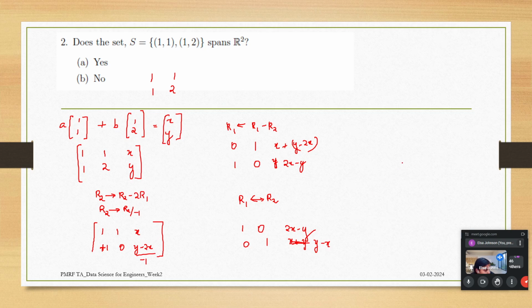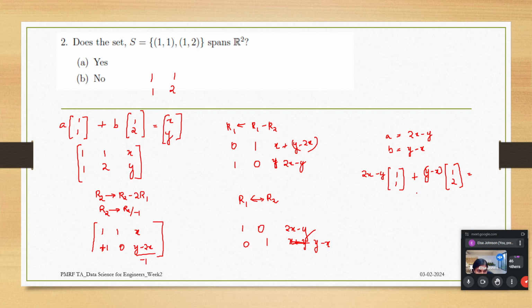Then what we will do is we will substitute to a and b, a equal to 2x minus y and b equal to y minus x, like that we will take. And then if we give these values to (2x minus y) into 1 1 plus (y minus x) into 1 2, then we have to see what we will be getting.